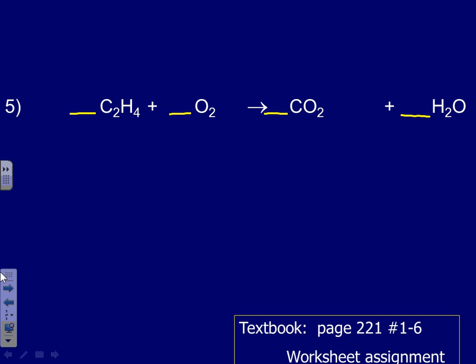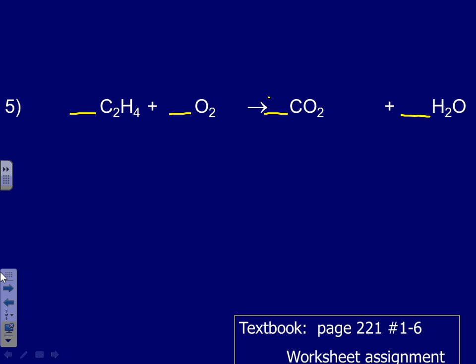So that means I can start with the C's or the H's. I would start with the C's. How many C's on the left? 2. How many C's on the right? 1 times 1, because there's a little subscript 1. All right, that's for Justin who can't see it. Are you okay with that? So what do I have to have here?